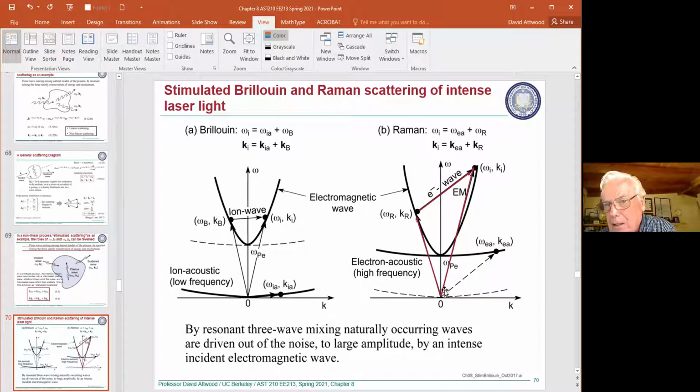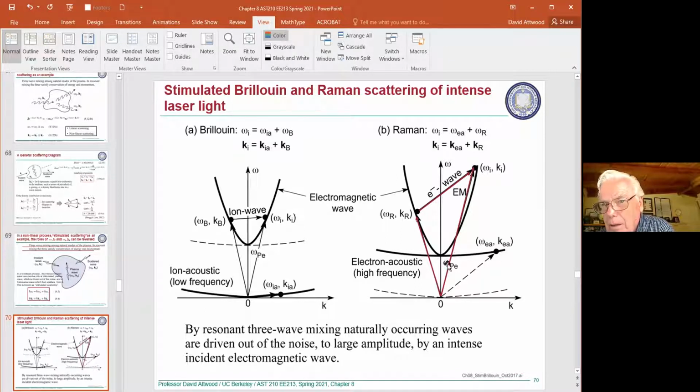And this is our dispersion diagram, frequency versus k. It's shown both left and right propagating. And this is our electron acoustic dispersion relationship. And here are the electromagnetic waves, so the incident wave and the Raman wave. The incident wave has to be, it turns out, well above the plasma frequency for these vector relationships to work.